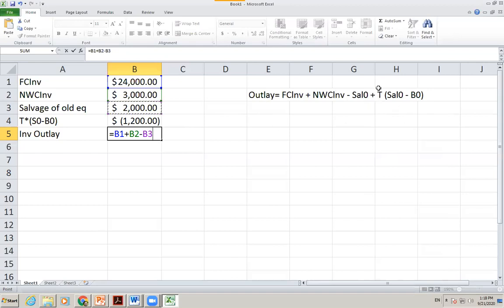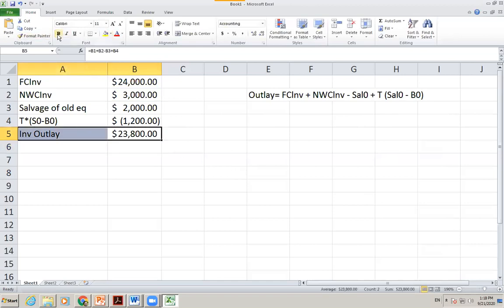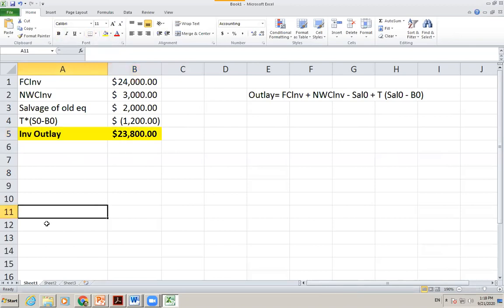And we should add this taxed amount, which is this one. So our total investment outlay is equal to $23,800.